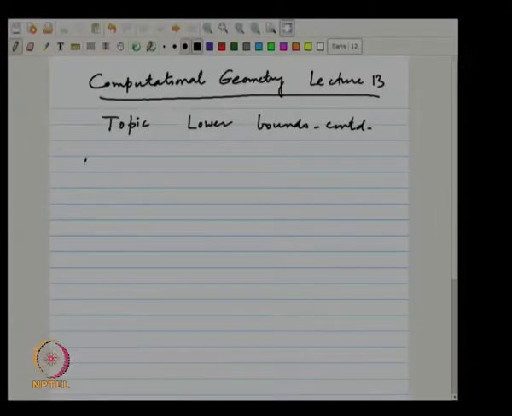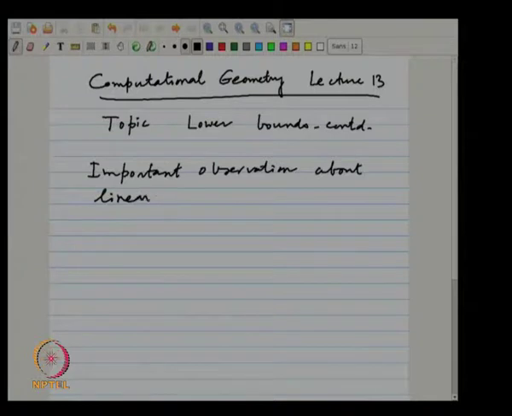So, an important observation about linear decision trees.